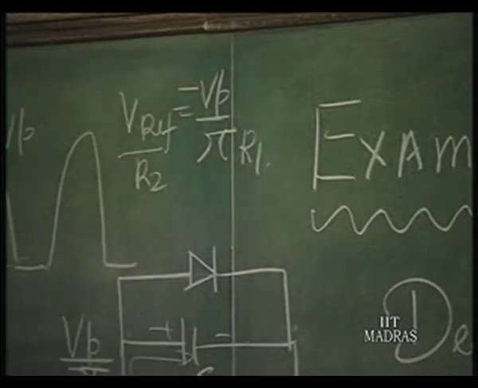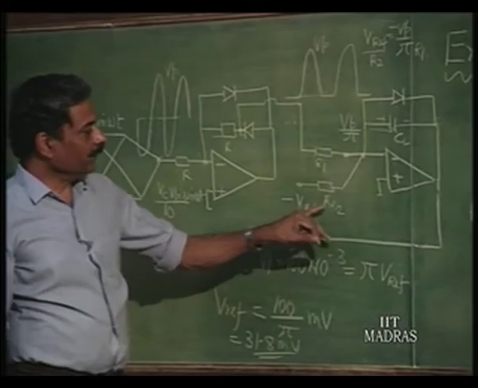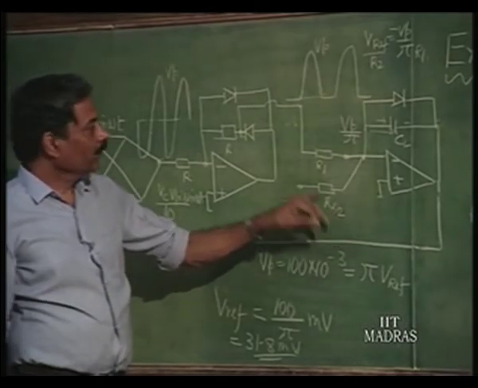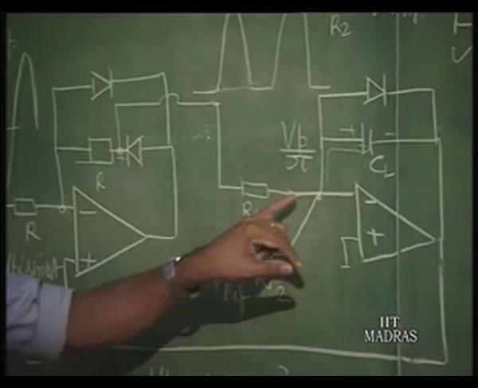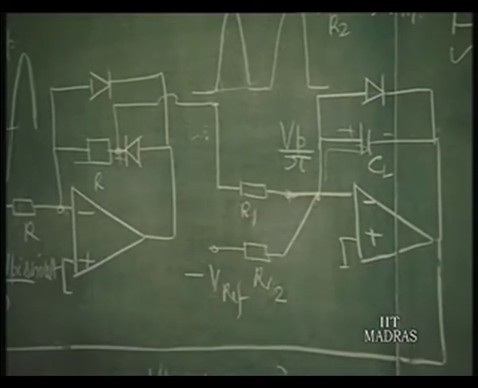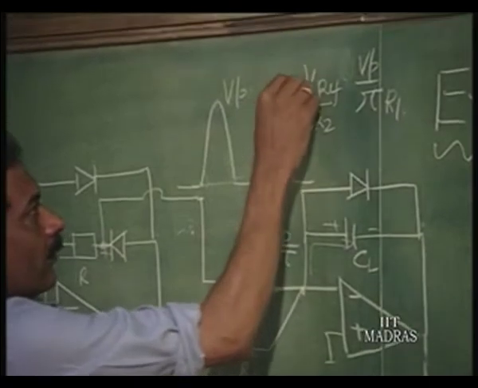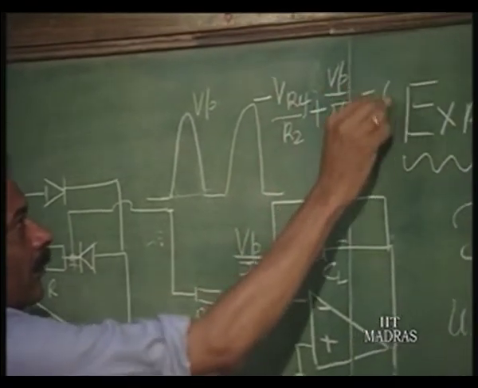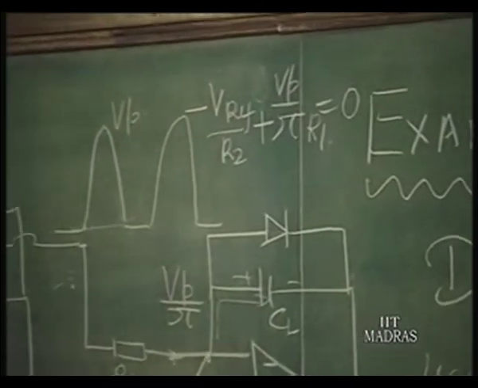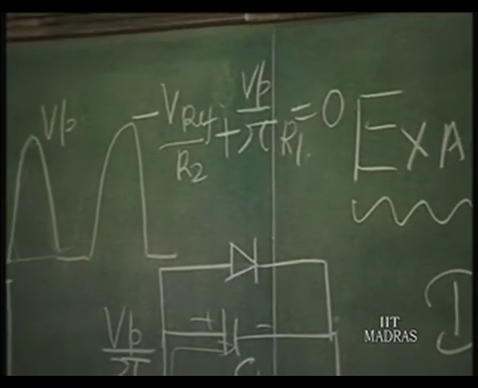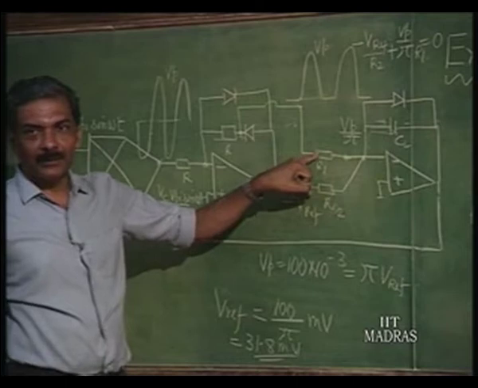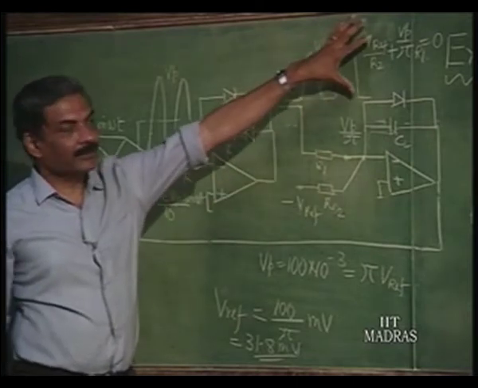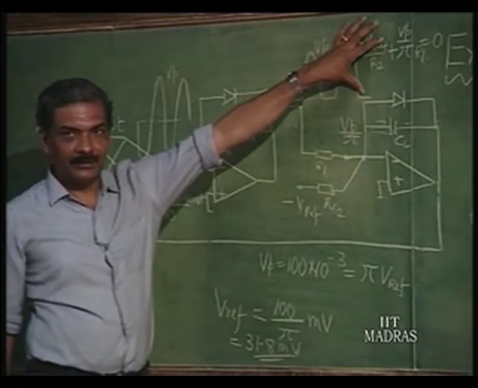So, minus V reference divided by R2 plus Vp by pi divided by R1 is equal to 0. So, this is the current equation. In general, therefore, R2 can be made different from R1. That is why this equation is important.